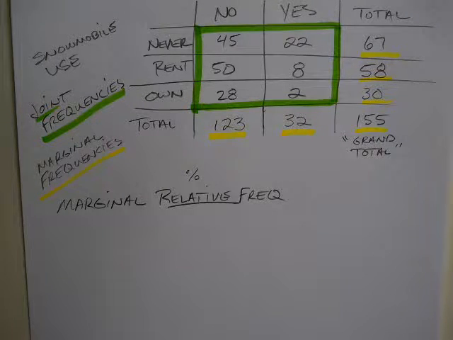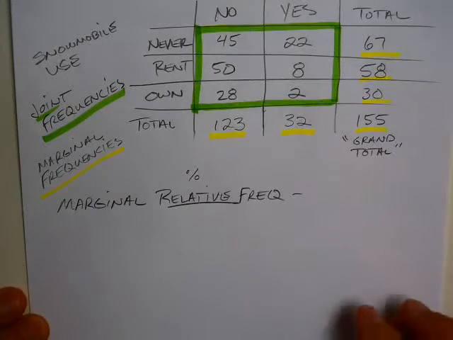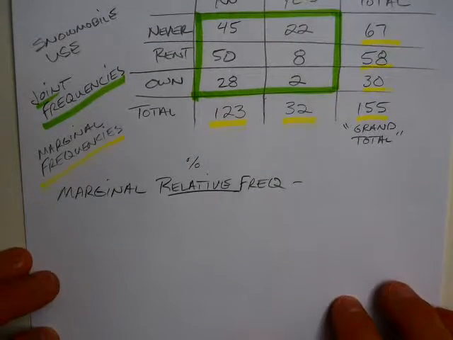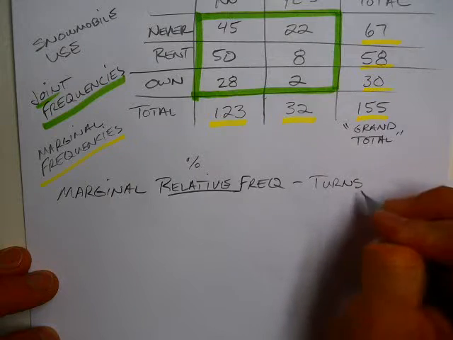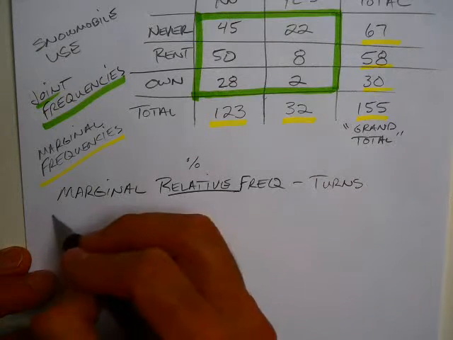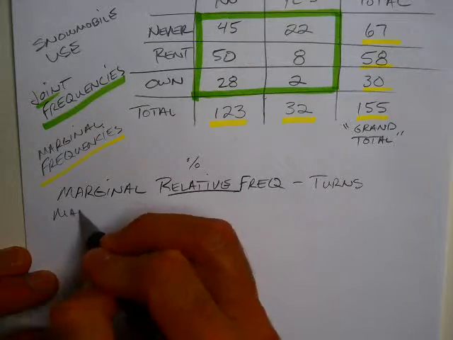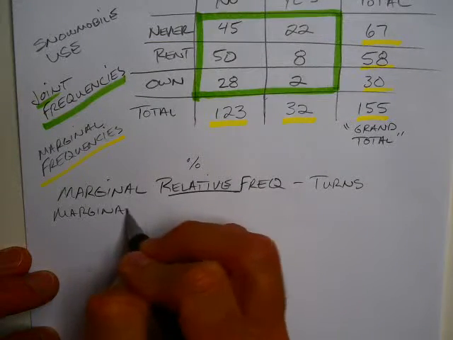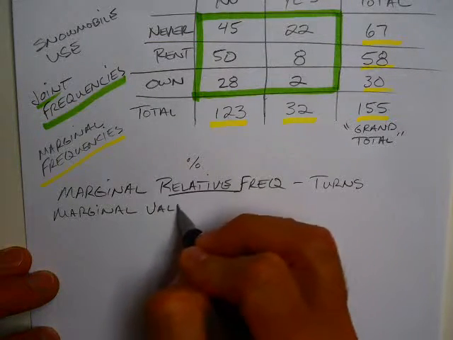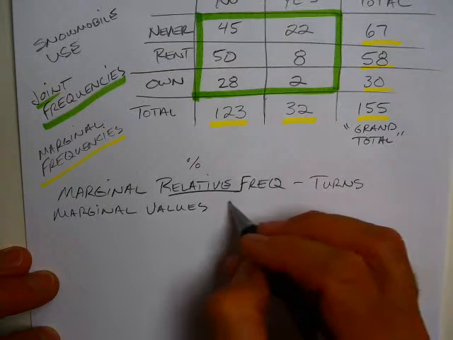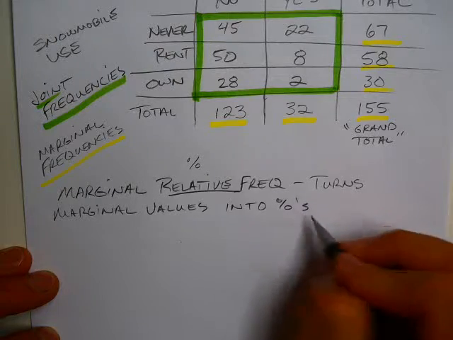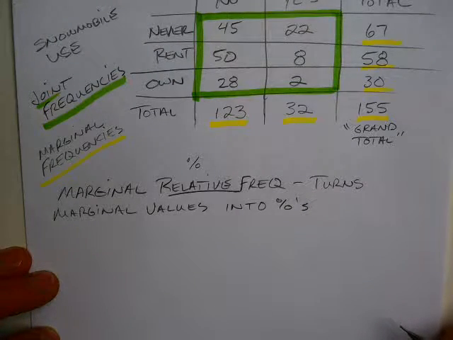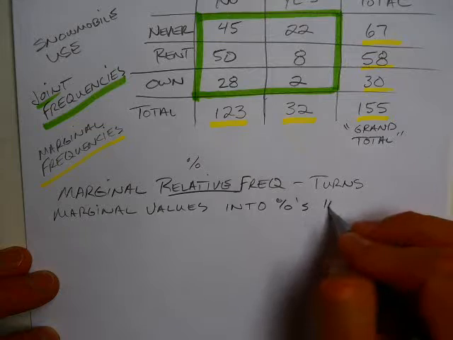So relative frequency, we're going to do something with percents. This turns marginal values into percents in respect to the grand total.